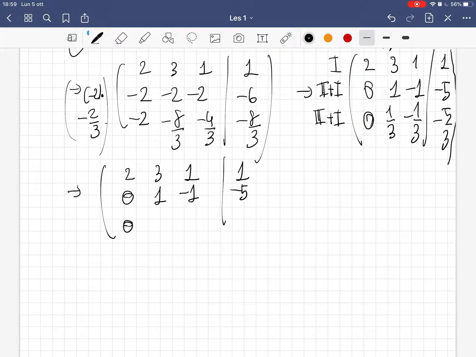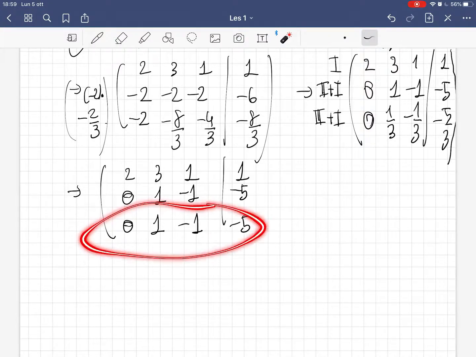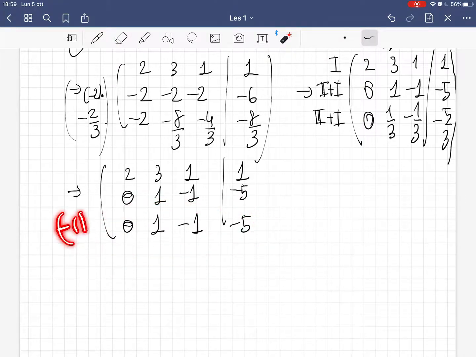This is very important. 1, minus 1, minus 5. Okay, let me multiply by -1 this row again. So let me just change the sign all around. So here, this is -1, plus 1, this is plus 5. Okay, sorry. Okay, now it's kind of nice, right?